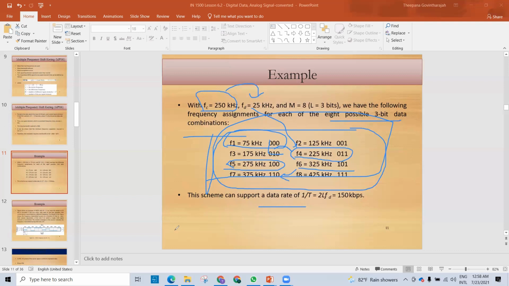Ts is the time required for the transferring of one signal element, and Ts is equal to L into T. L means the number of bits representing and T means the bit period.